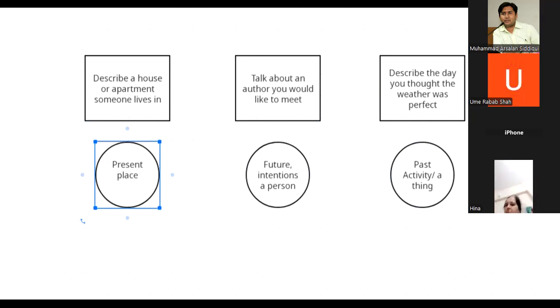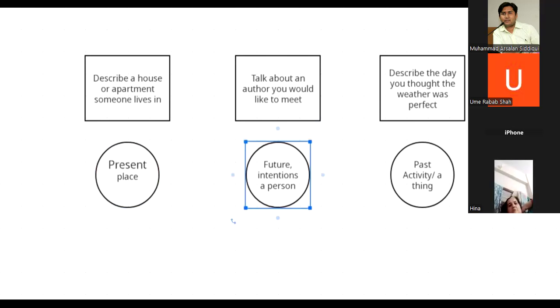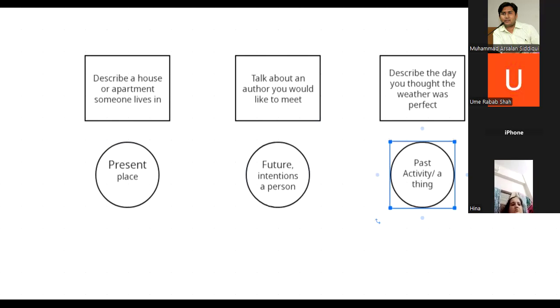Then we have future intention, so your language should reflect a futuristic tone, using will and might, or would. And this is the past, so you should know what type of past it is: a singular past, a repeated past, or what.